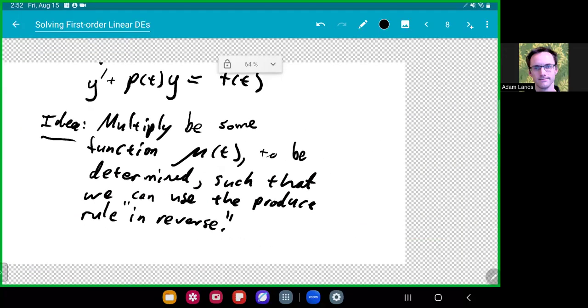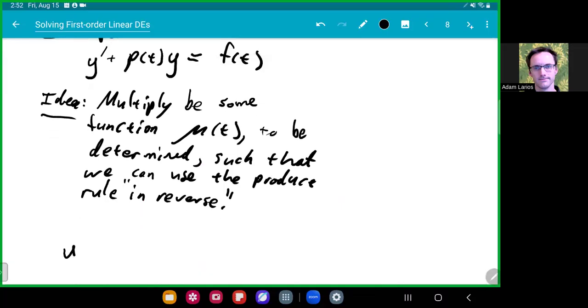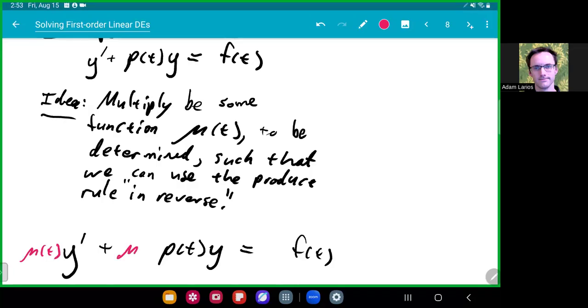So let's try it. We have something like this: y prime plus p of t, y equals f of t. Of course, y also depends on t, but I'll leave it off so we don't clutter things up too much. And then I'm going to multiply through by mu of t.